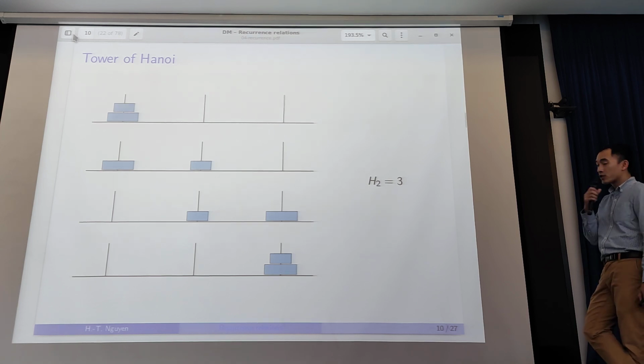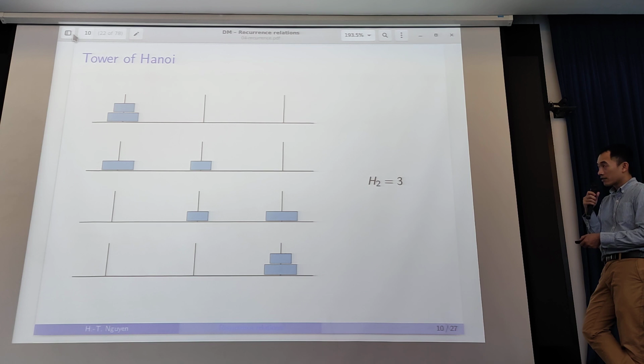So if you have two discs, it's a little more complicated. If you need to move this pile to the third peg here, first you need to move the smaller disc here to the middle peg, so that you liberate this larger disc.